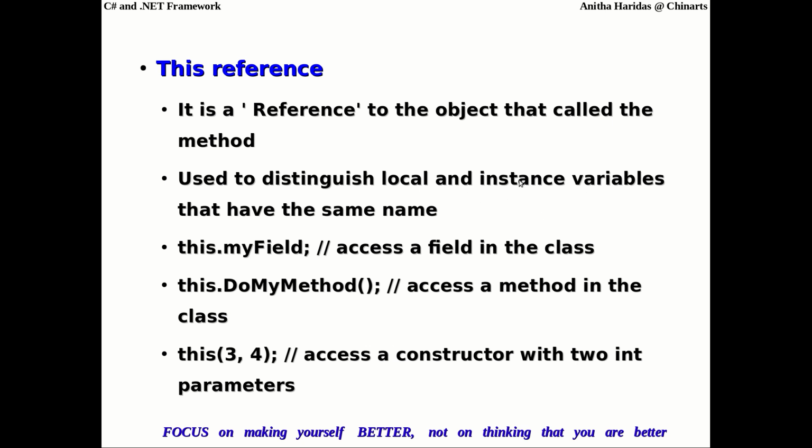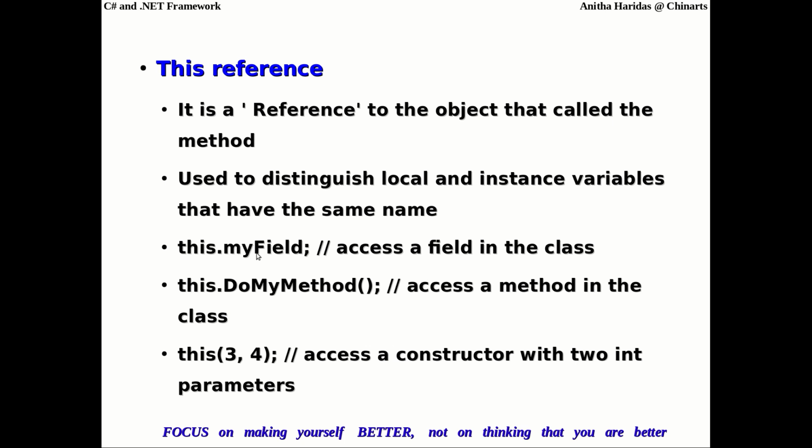If the local variables and instance variables have the same name, I can use this reference to distinguish them. You can access a field in the class using this dot my field. Say for example, this dot do by method. So this is a data member, this is a method member.